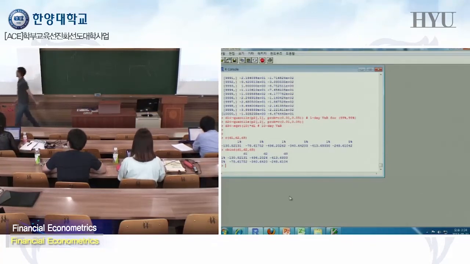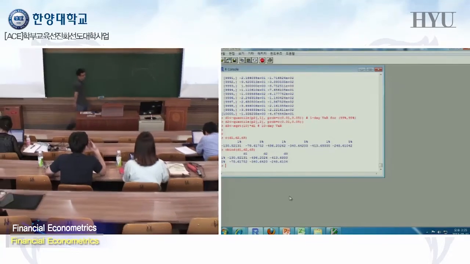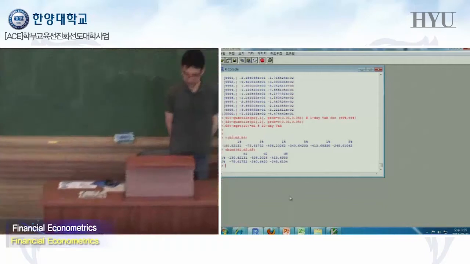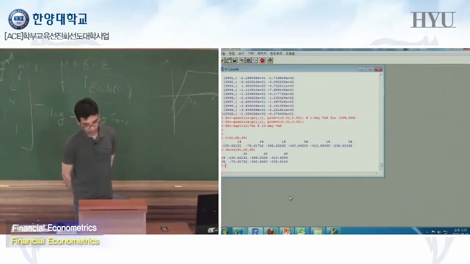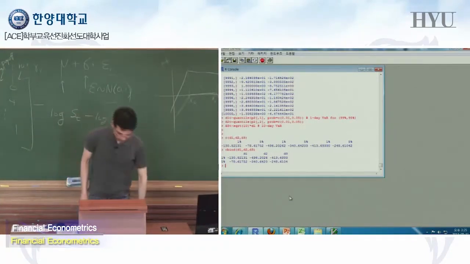The unit is again billion. There are two ways to calculate the 10 day value at risk. In D2, first I calculate the 10 day return and then calculate the profit. For D3, I calculate the profit from 1 day first and then multiply root 10. Actually, I think I prefer this approach, but anyway, the values are not that different. D2 is actually larger.